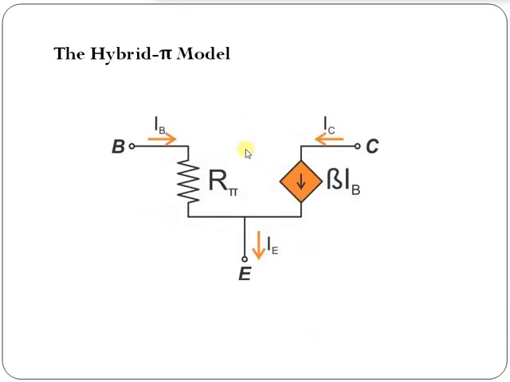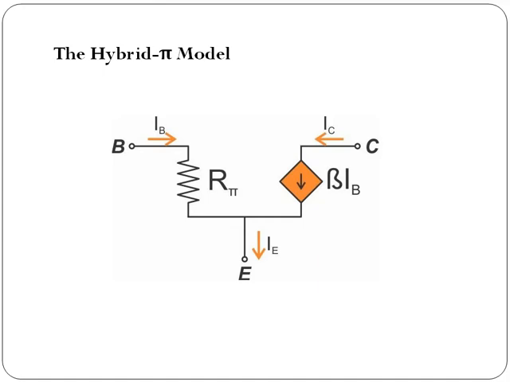Now coming to the most important concept which we are going to deal with, that is the hybrid pi model. Once the BJT has been biased, we need to focus on the small signal operation, and the small signal analysis will be easier if we replace the BJT with a simple circuit element that produces functionality equivalent to that of the transistor.